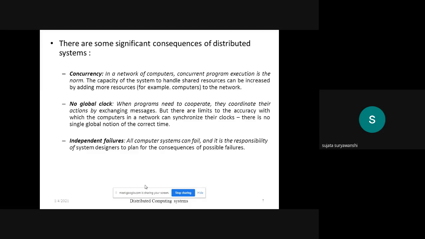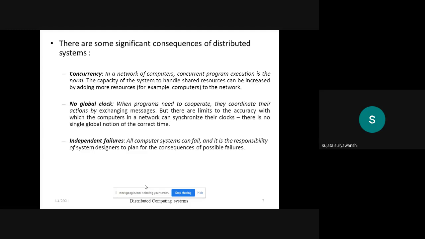And the last one is independent failure. As I told previously, suppose n number of systems are connected to the network, and if a single system is not in working condition, then your complete system is not in a failure state, because it is a distributed system. That particular system is not dependent on any other system, so independent failure is there. All computer systems can fail, and it is the responsibility of the system designer to plan for the consequences of possible failures.